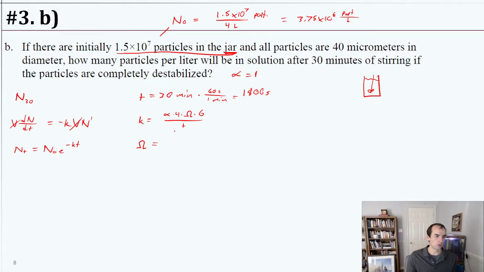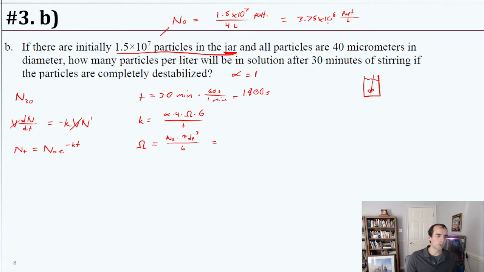So that looks like N naught times the volume of a sphere the size of a particle, which is pi times that diameter of the particle cubed divided by 6. So if we calculate that, again, we have to make sure that we've calculated appropriately for the number of particles in the jar, so we got that in particles per liter.